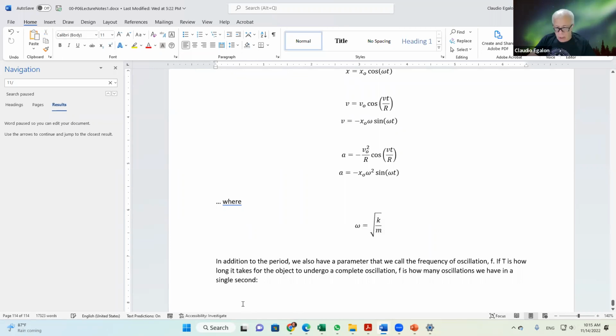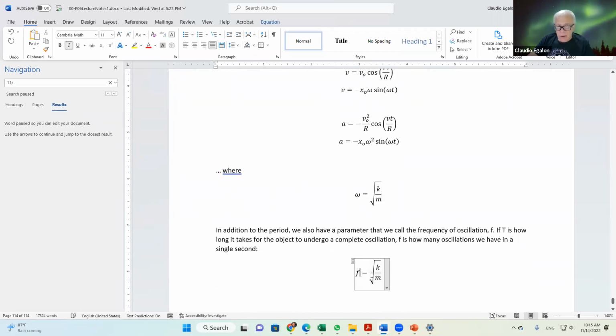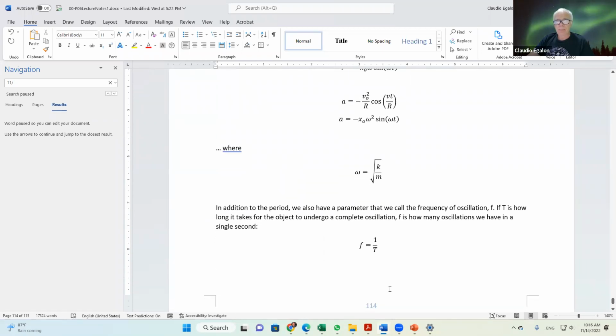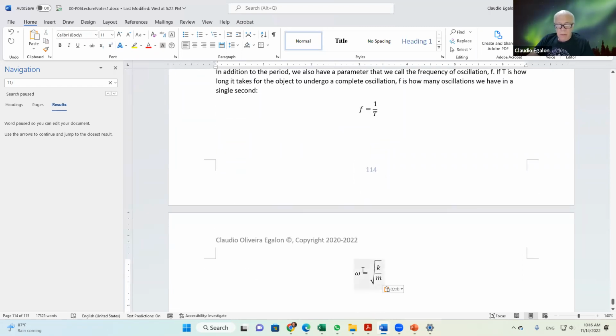So f is nothing but the inverse of T. And there is a relationship between f and omega as well. Omega is going to be 2 pi f, like that.